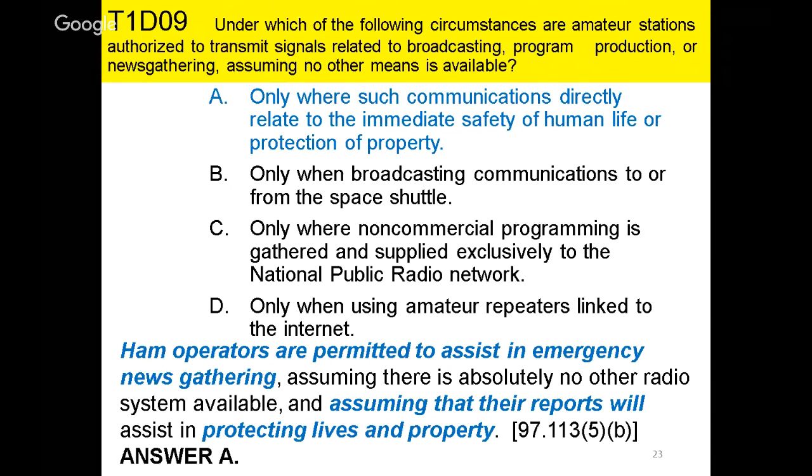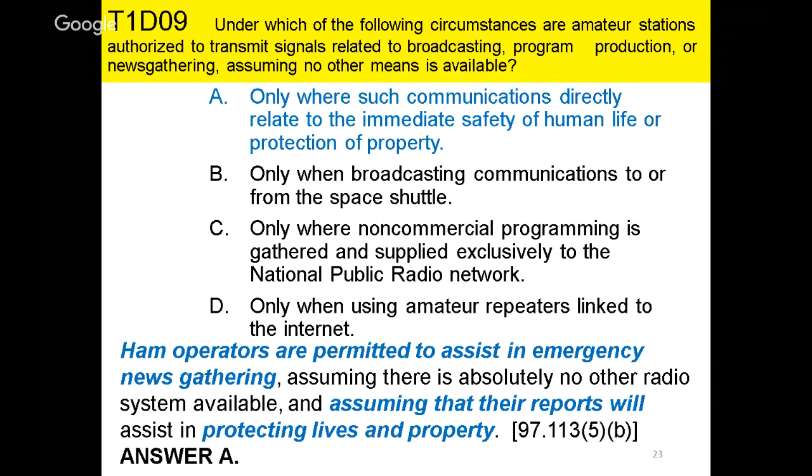In other words, ABC, NBC, CBS, and whatever else, those people aren't there, and you happen to come across a situation which, believe me, is extremely, extremely rare, in which there is an emergency situation. You might have a tsunami coming in, or whatever.